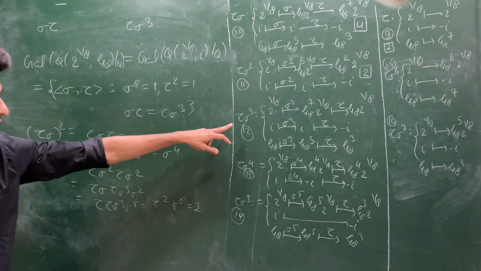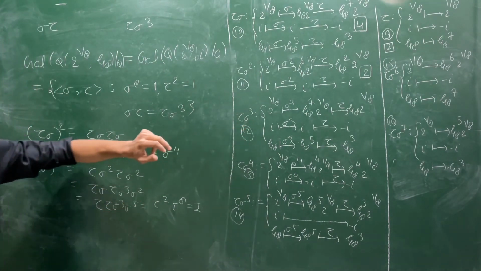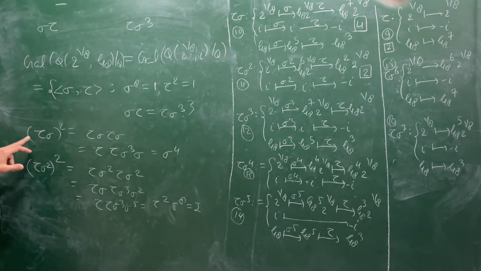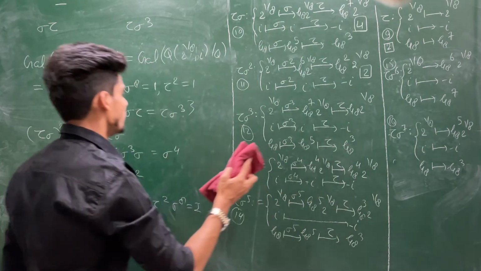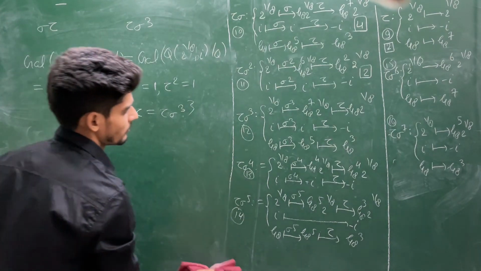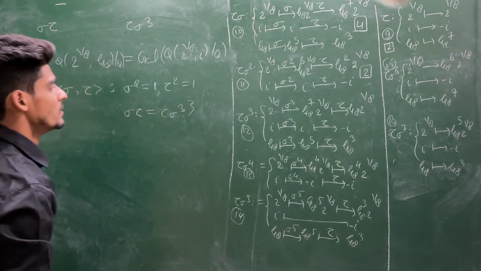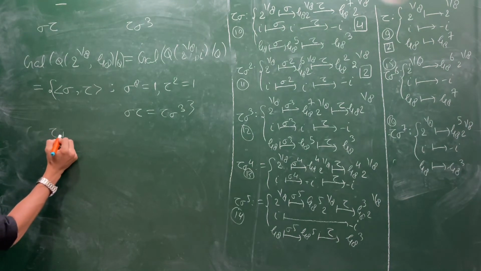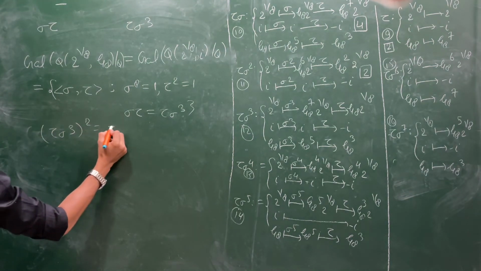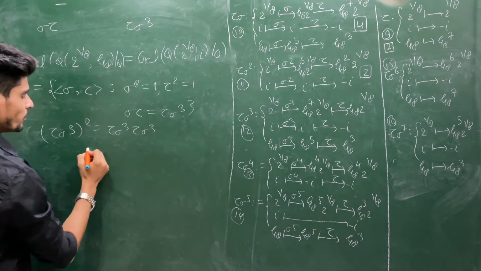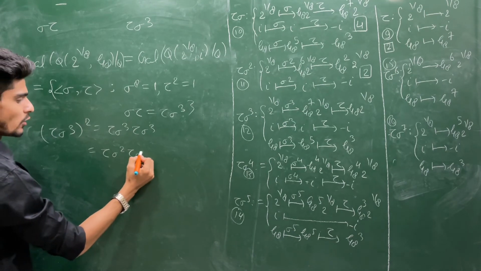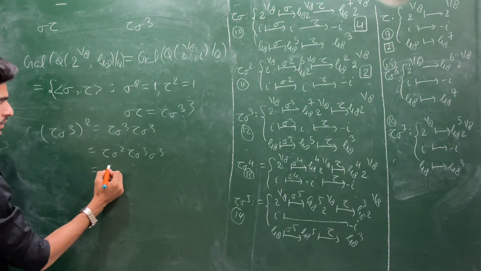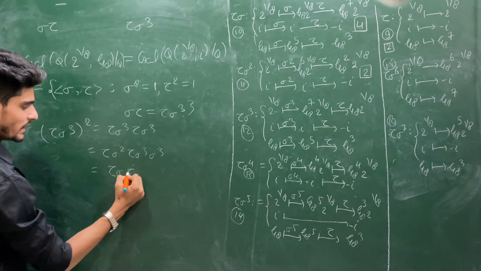Also, let me find the order of this, but no need, because the order of tau sigma cube and the order of tau sigma are both the same. Sorry, this is not tau sigma. Okay, let me find the order of this, and the rest I will leave to you. See, the order of the tau sigma cube element: if you square it, you will have tau sigma cube tau sigma cube, but sigma tau can be written as tau sigma cube.